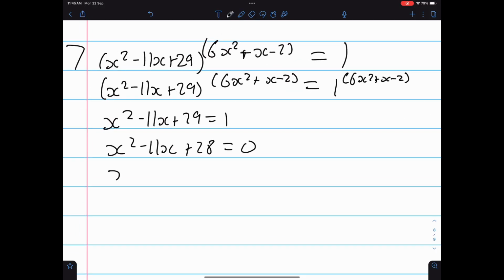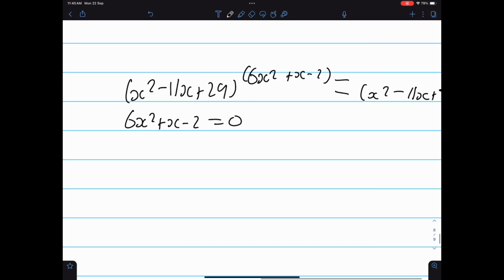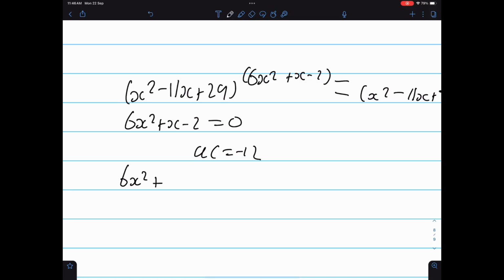And these are very easy to solve. So we get x equals 7, x equals 4, and on the side we get, AC equals minus 12, 6x squared plus 4x minus 3x minus 2 equals 0.